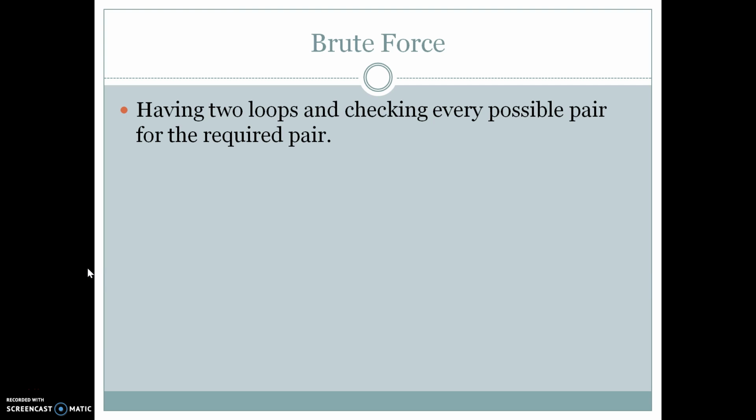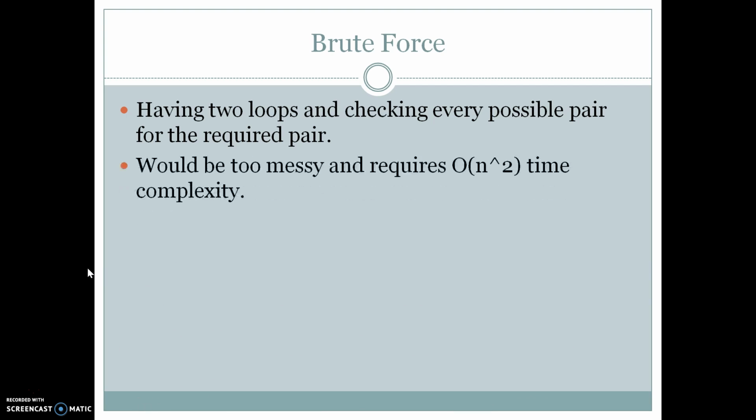But it would be too complicated, require a lot of time, and anyways it takes order of n square time complexity. So we would not definitely go for this. Can you think of any other solution to this problem?